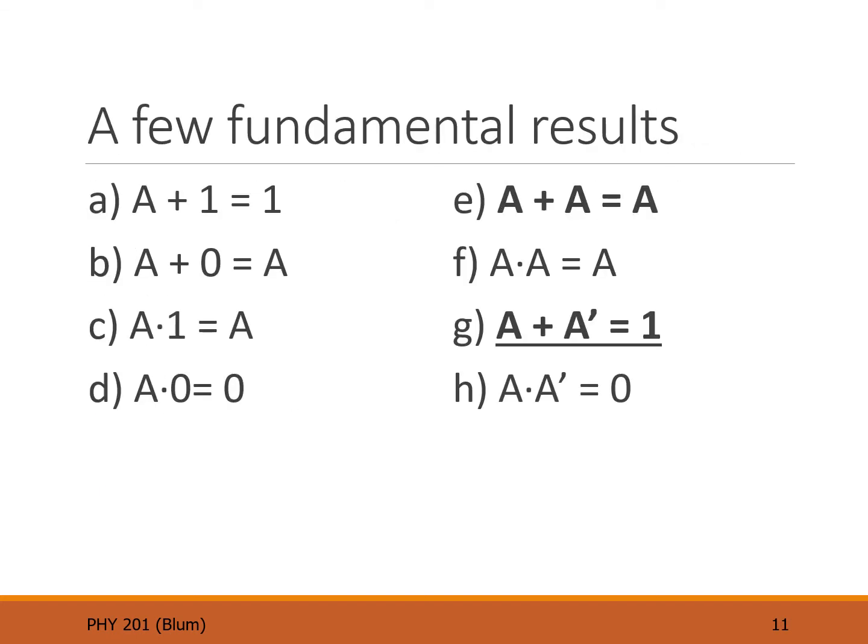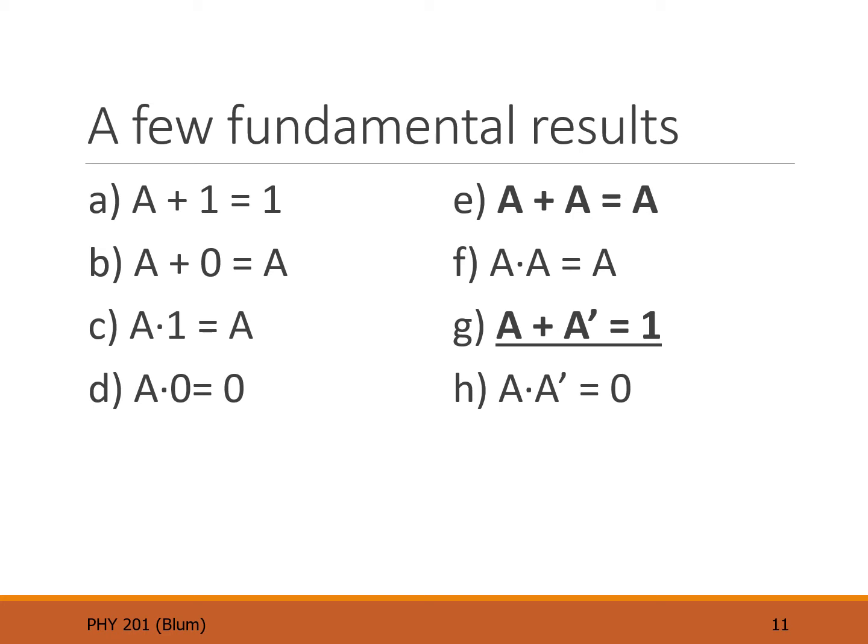Let us look at a few fundamental results from Boolean algebra, and then we'll point out how E and G might play a role in simplification. So capital A represents a Boolean expression. It can be true or false. 1 will represent true and 0 will represent false. Plus, again, is our OR, and multiplication is our AND.